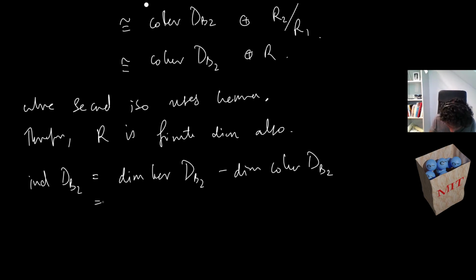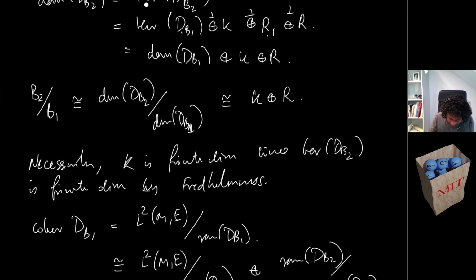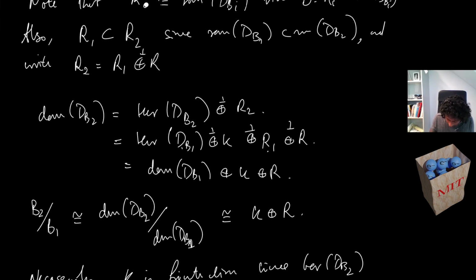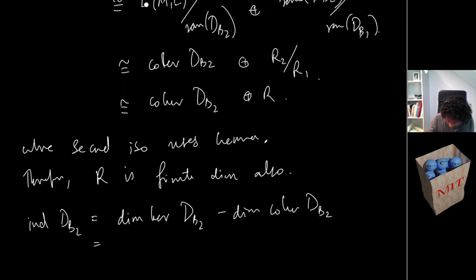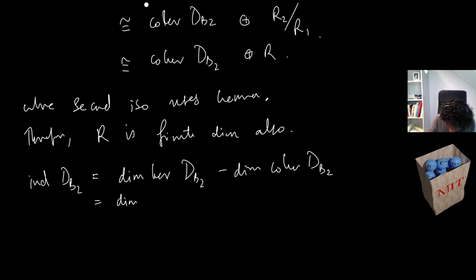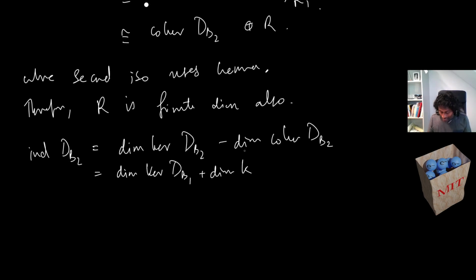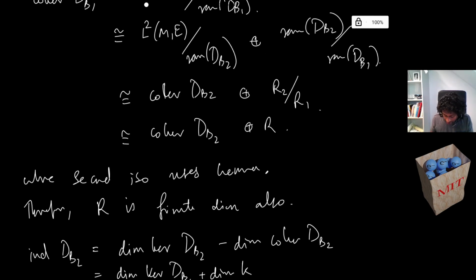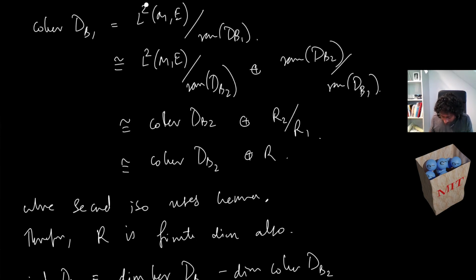By this equation here, this is precisely the dimension of the kernel of dB1 plus the dimension of K. And now the co-kernel goes the other way, right?